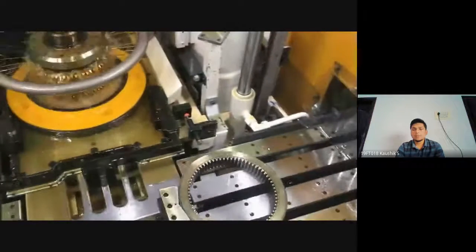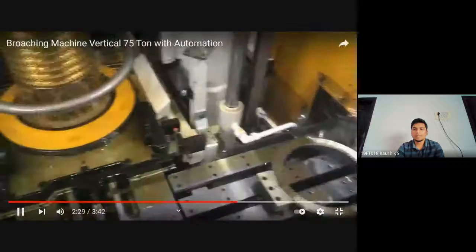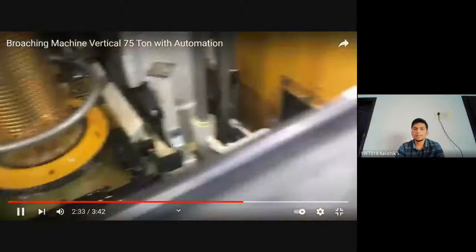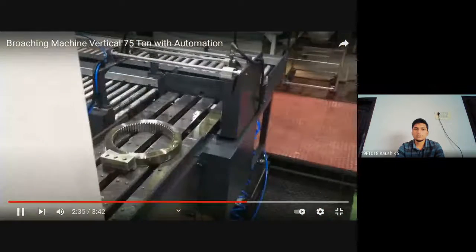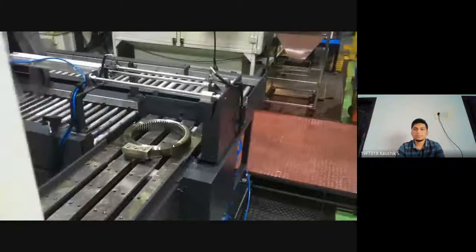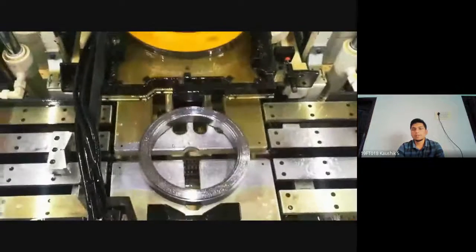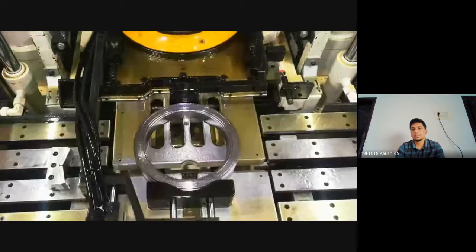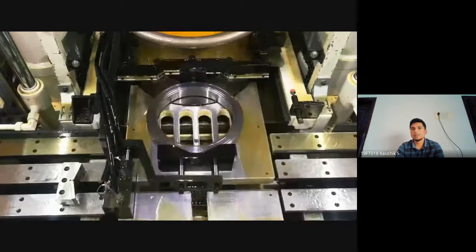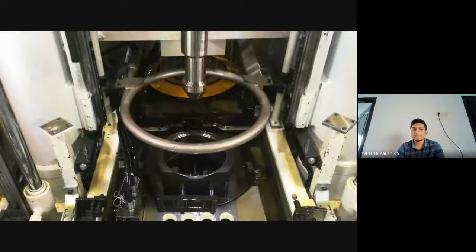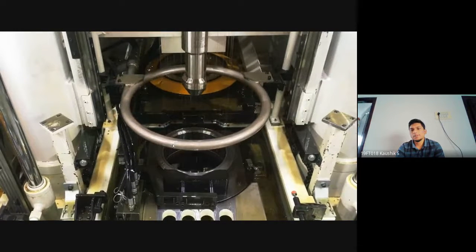Once the machined part is moved out, the broach retracts to its initial position. After the broach retracts, the new workpiece is inserted into the fixture and held firmly.